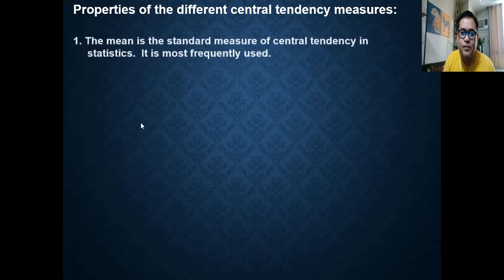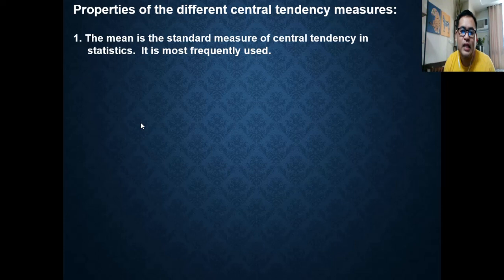Before I end this video, let us first discuss the properties of the different central tendency measures. Number one, the mean is the standard measure of central tendency in statistics, and it is most frequently used. We usually call the mean the average, and it is the most stable measure of central tendency.